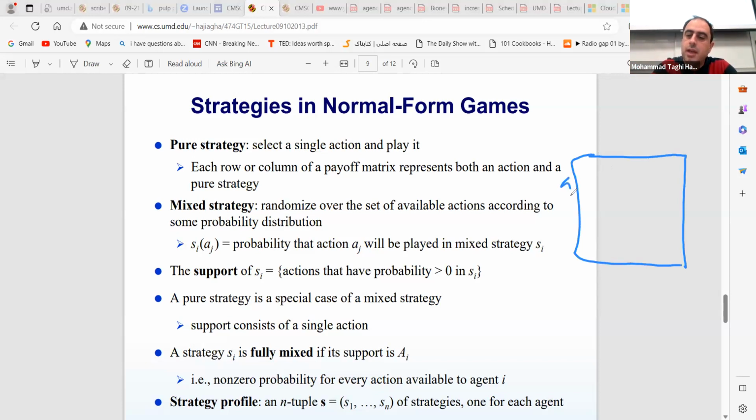Each of these players will take A1, A2, A3, and so on and so forth, and this player A prime 1, A prime n. And as we discussed, if this is a symmetric game, it would be essentially the same actions. These are actions, and at the same time, these are pure strategies.